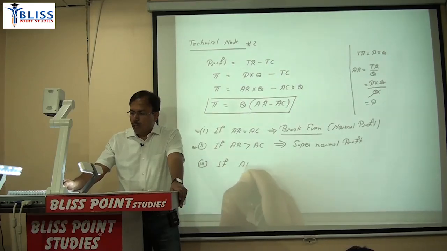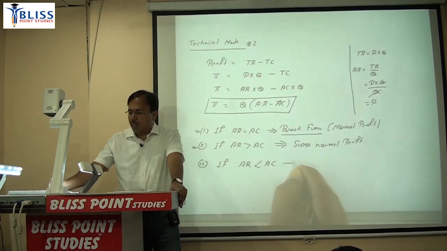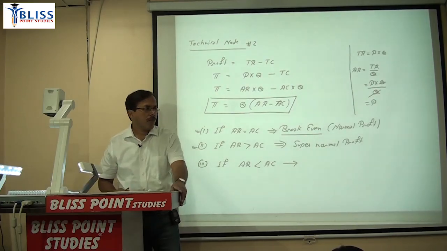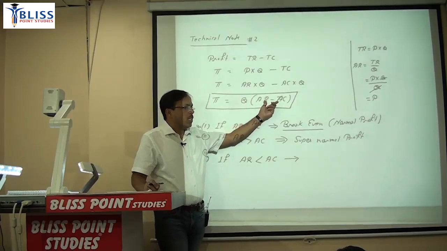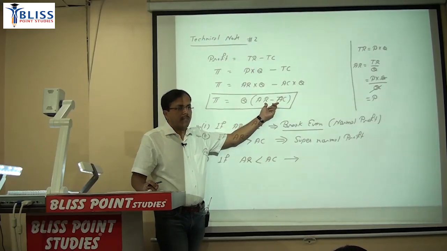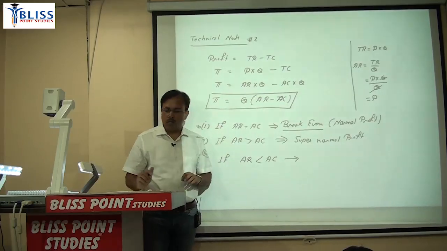If average revenue is less than average cost, then what will happen? If AR is less and AC is more, then this term is negative. So profit is negative. Negative profit means loss.